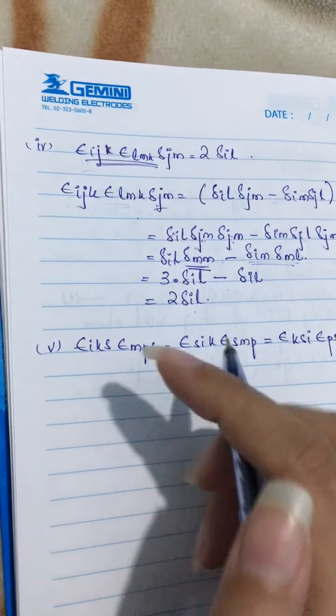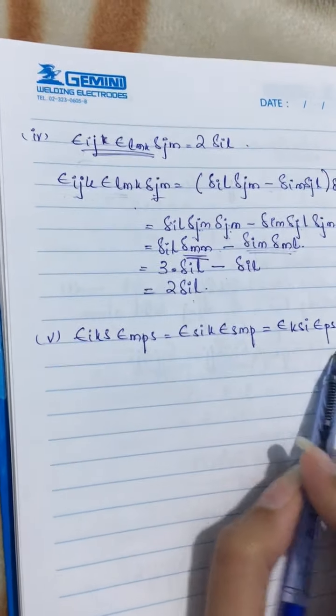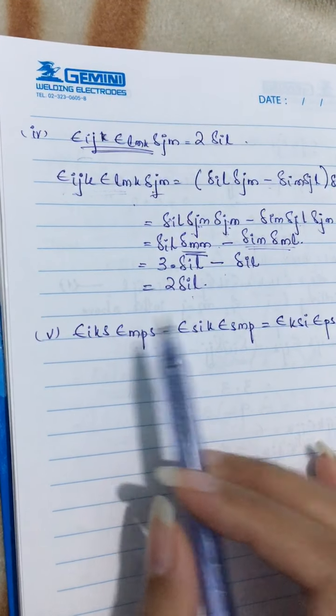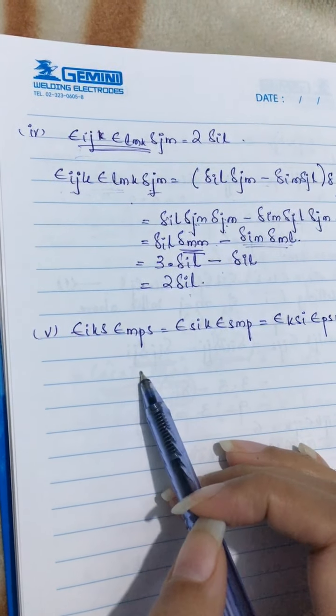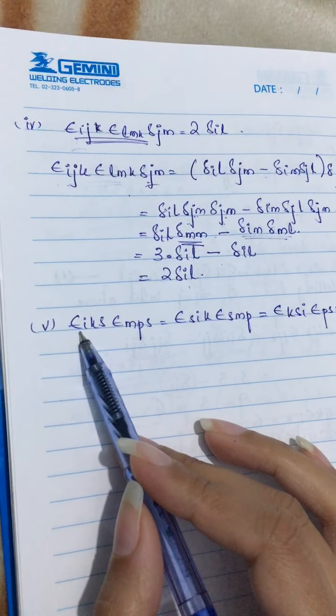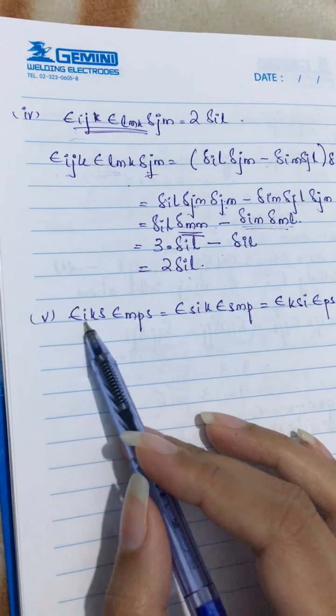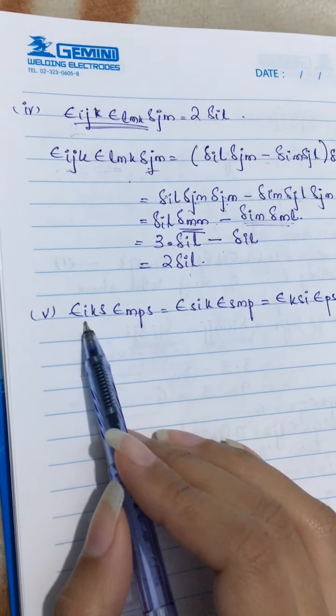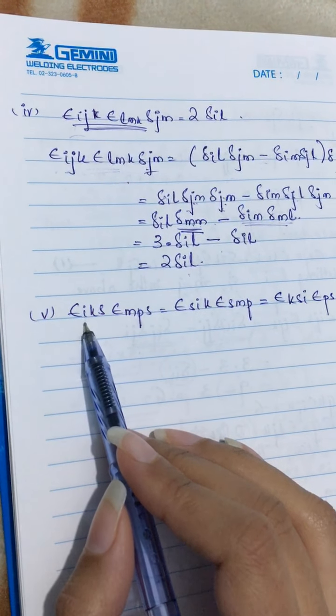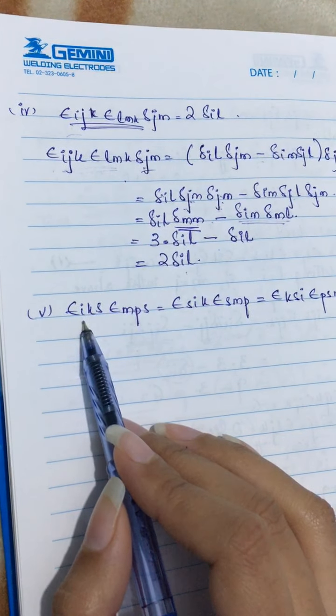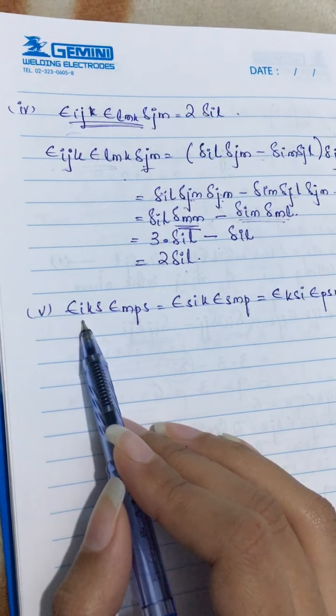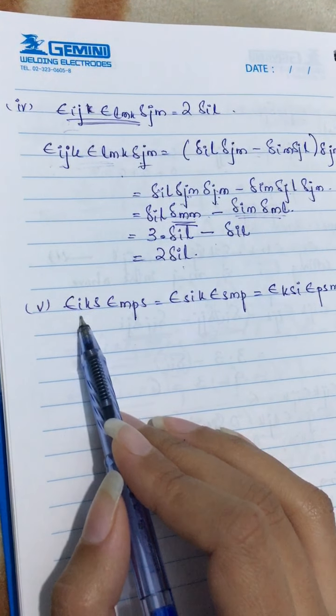If I see this result, that is basically a cyclic permutation of the suffix in epsilon_ijk, which does not change its value.